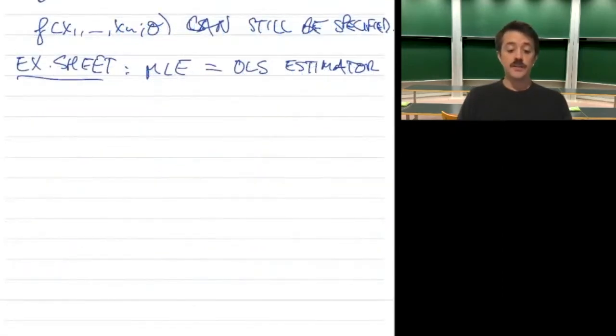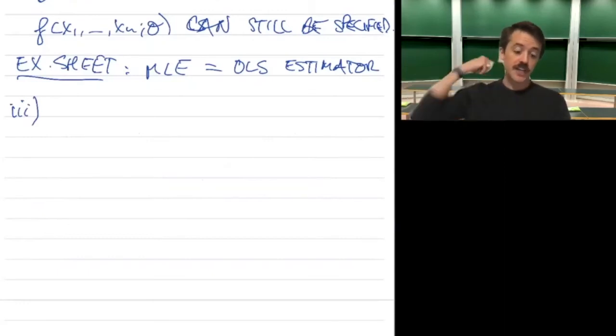Okay, so a third remark here, just so that we complete the picture in some generality.